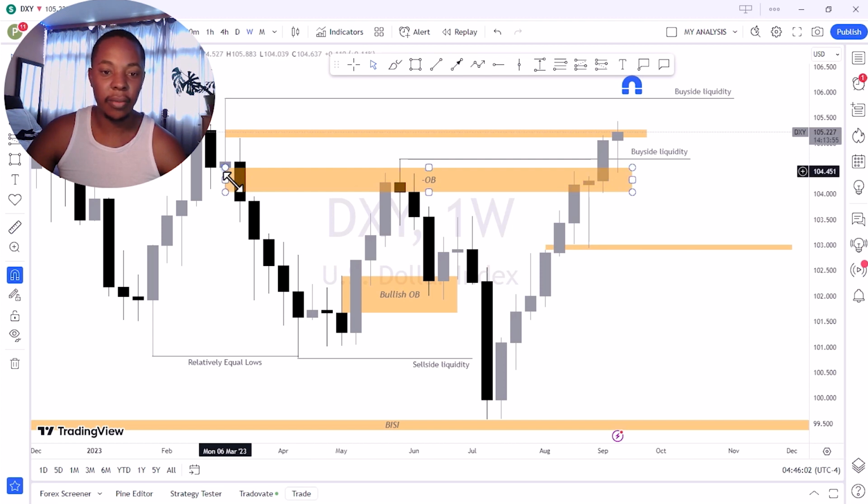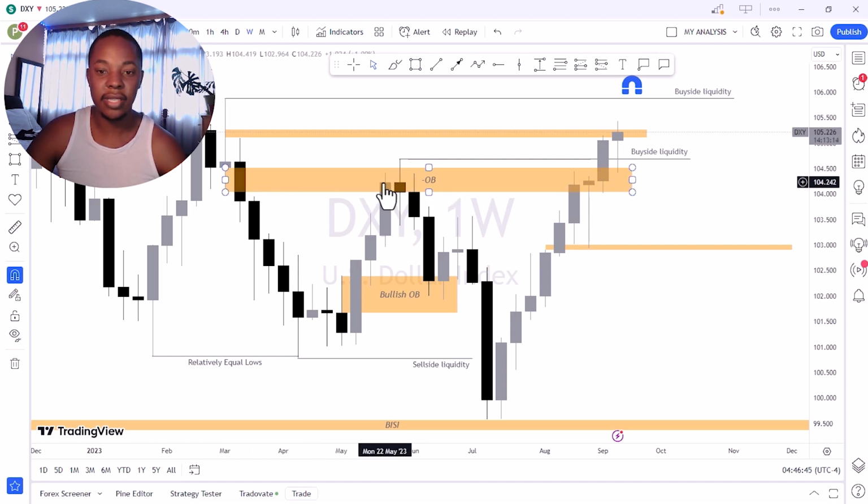So as you can see, it created that order block, we went down, created new relatively equal lows, and then price went up a bit and started pushing to the upside, creating this bullish order block here. On the following week, price came into the 25% of the order block and rejected off of that, balancing and going to cover this bearish order block here.